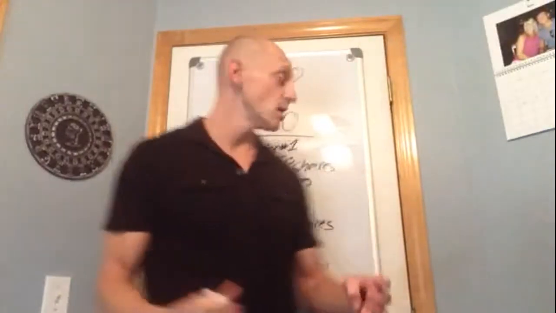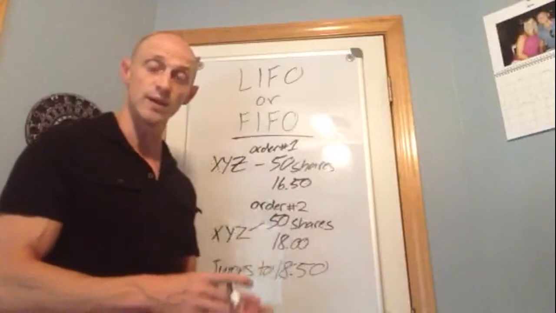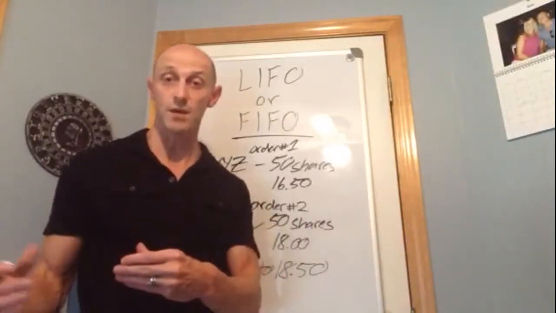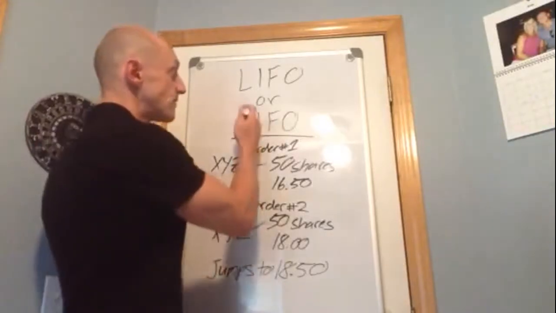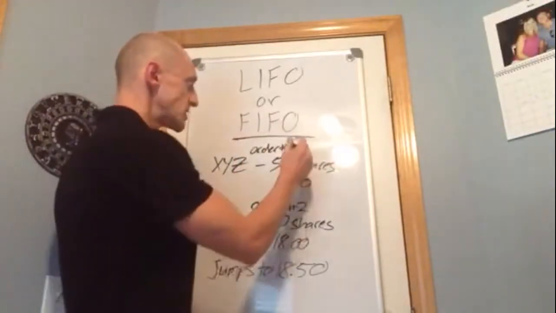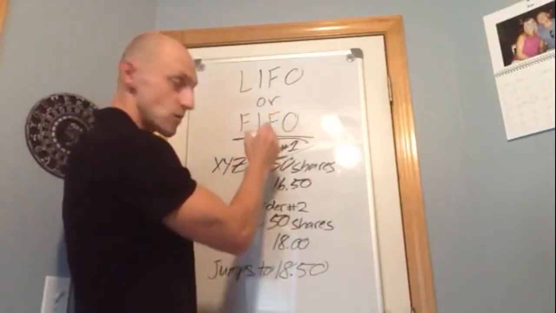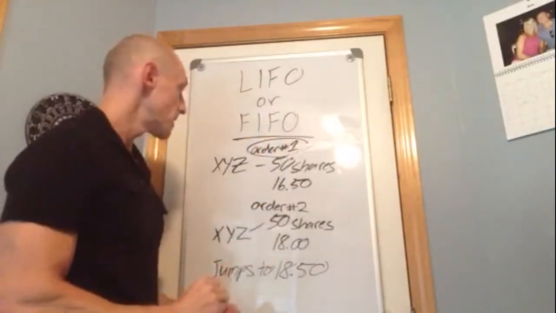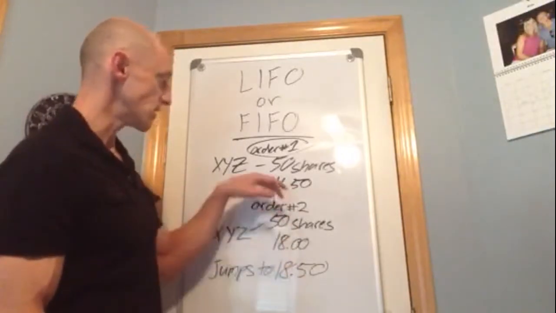Now you can sell all at once if you want to. But if you just want to take a portion off the table because you're in a pretty good profit, you can most certainly do that. And with first in, first out, you're going to sell order number one first because it was the first order in. Obviously, it's at $18.50, so you made a $2 profit on each share.